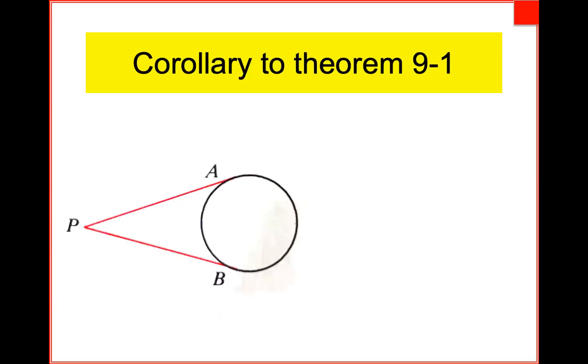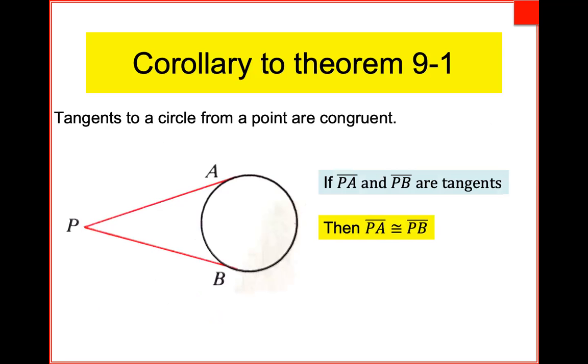All right. Here we go. This is corollary 9-1. Look at the construction. So here's the basic idea. We have a circle, and this time we have 2 tangents, tangent PA and tangent PB. What we're going to be able to claim, and this one's pretty easy, is that these 2 are congruent. They both come from point P, so they share a common point.